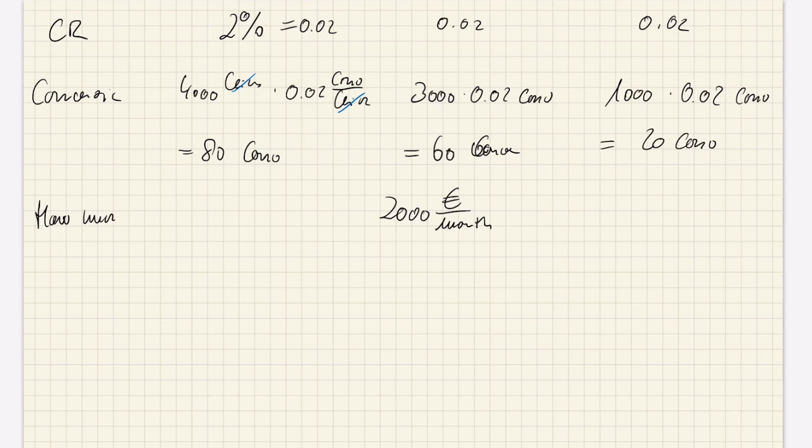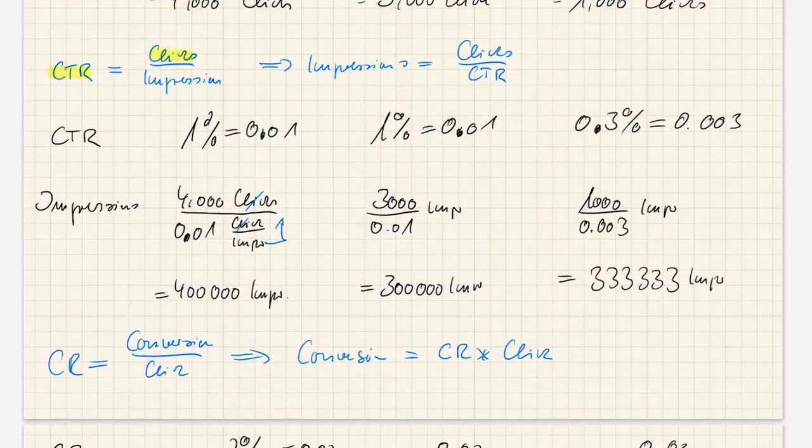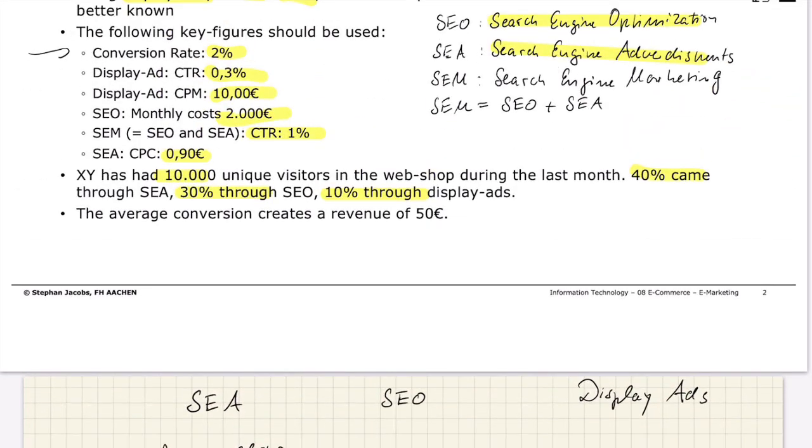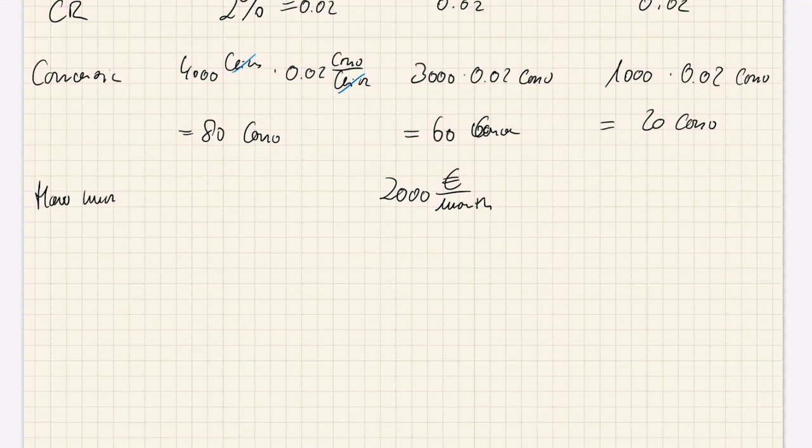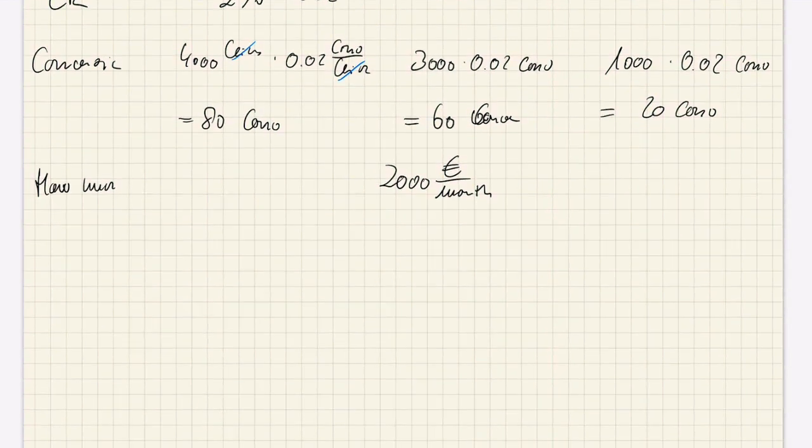When it comes to the search engine advertisement, we have a CPC of 90 cent per click. Yeah? CPC equals 90 cent per click. And here we have a CPM, a cost per mille.